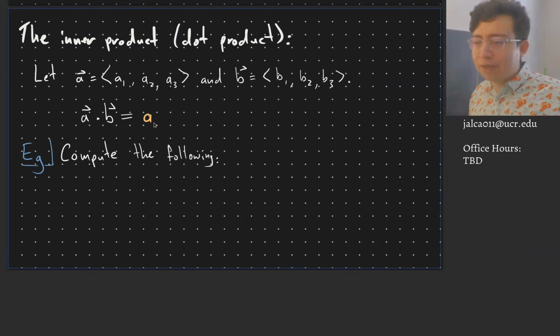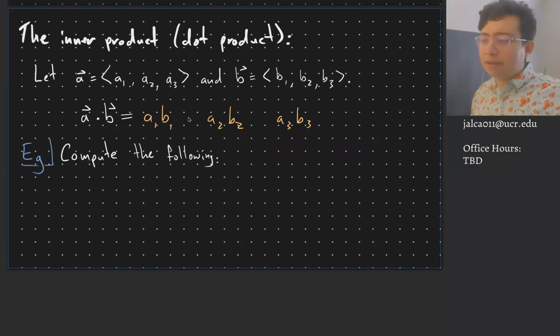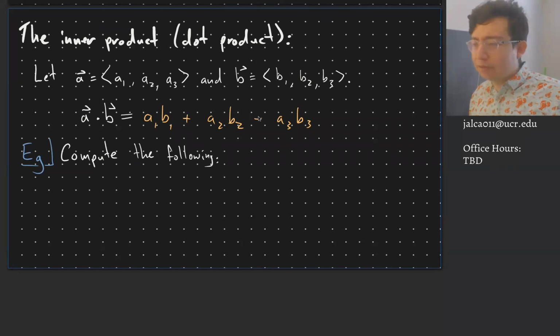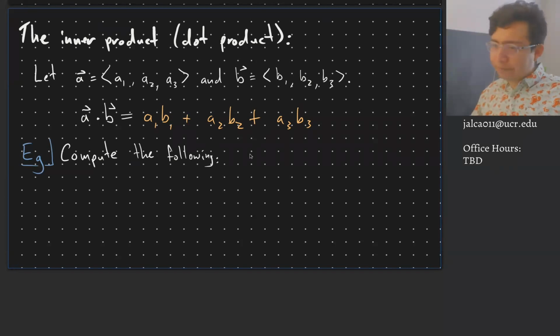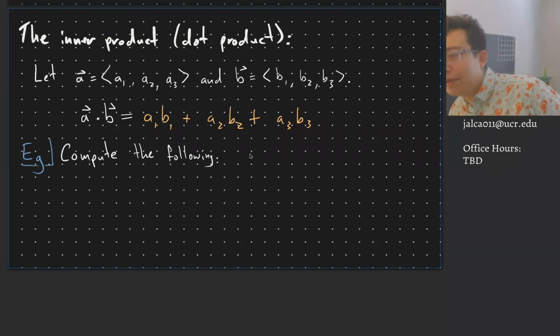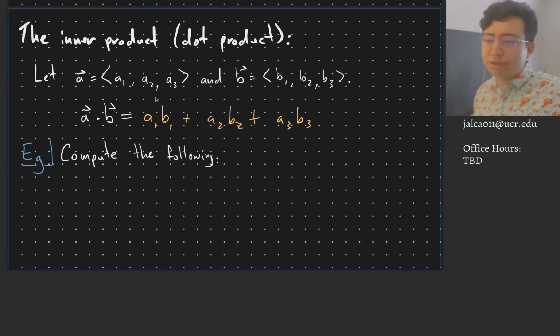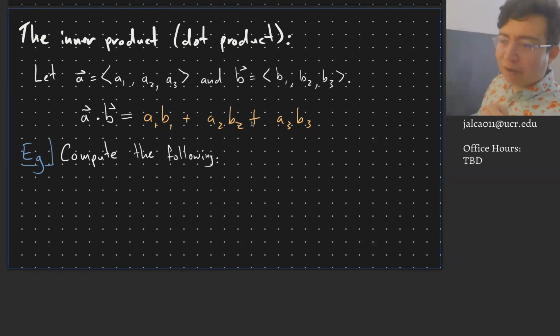So we do A1, B1, then A2, B2, and A3, B3. But instead of making this a vector, we just add them all together. That's why we get a number: we take these two vectors, multiply the corresponding coordinates, and then add all of those things together. That's going to give us just one number.